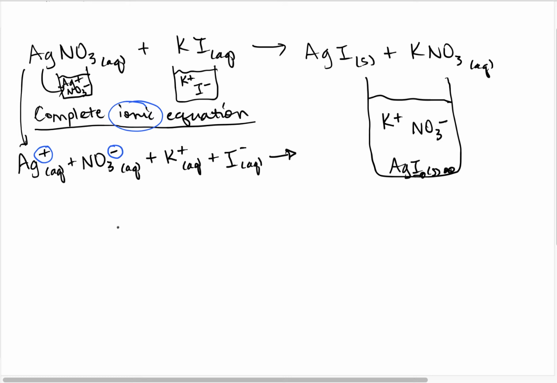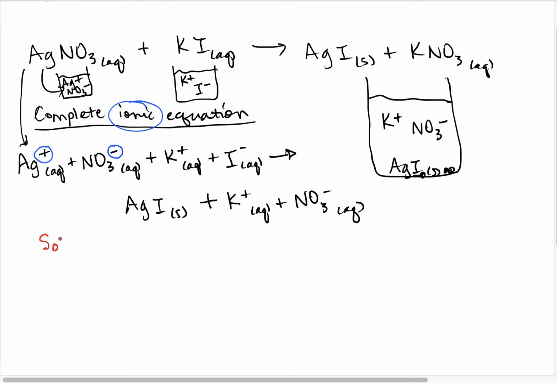And then this makes silver iodide, which is a solid, so it's not soluble, so we leave it stuck together. And then potassium and nitrate. And that's it. That's how you write a complete ionic equation.